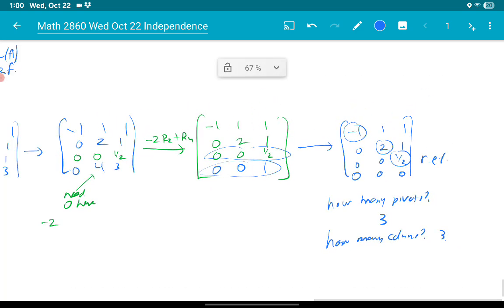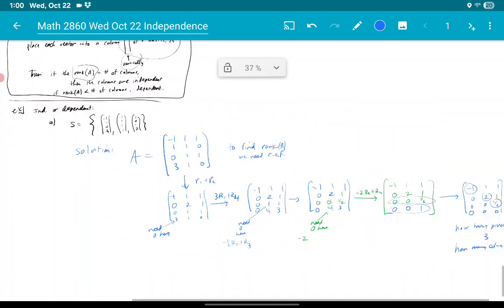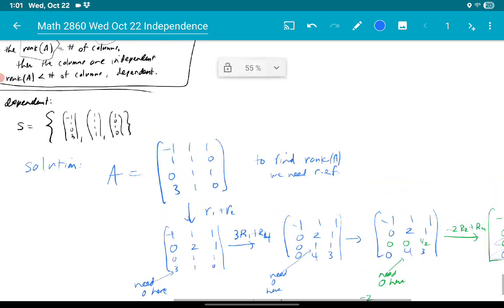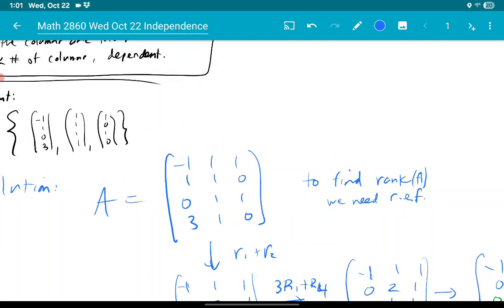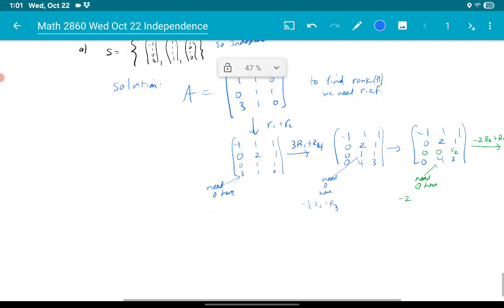That means that all 3 columns of the original matrix are independent, which means that the set is independent because we had 3 vectors and we got a rank of 3. They're independent. This set is independent. Okay, if we had lost the pivot, then they would be dependent.